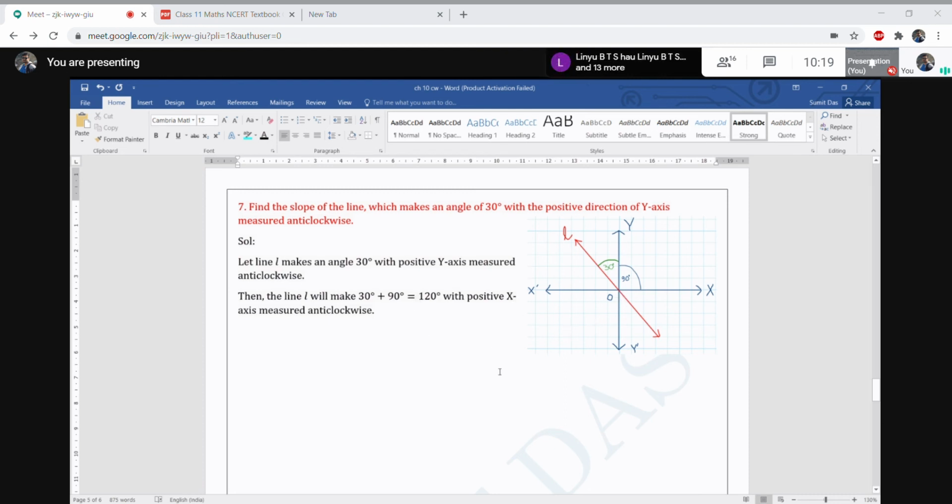So what will be the slope? Look, slope or inclination is always considered with the positive x-axis, anti-clockwise. So to find the slope, we have to take that theta value, the angle of inclination with the positive x-axis, measured anti-clockwise.